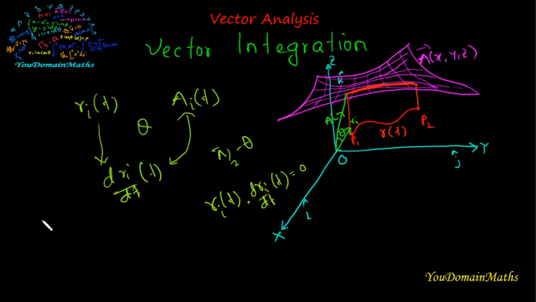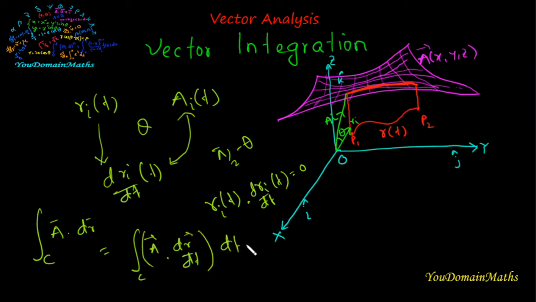Now A dot dr would be written in this form: the integral over C of A and dr by dt, and this would be written as a Riemann integral.